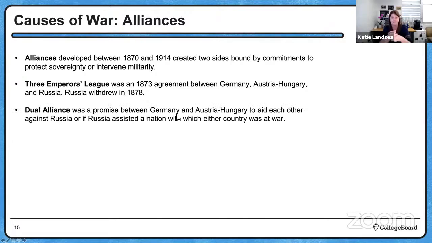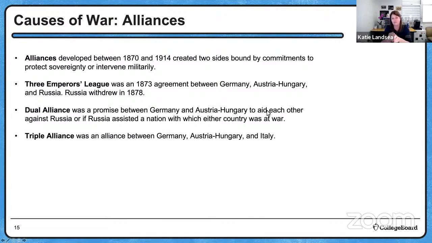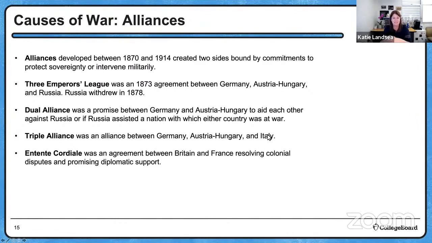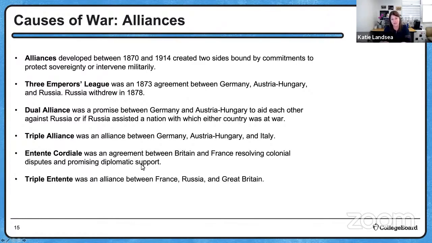The Dual Alliance is a promise between Germany and Austria-Hungary to aid each other if Russia goes to war, or if Russia assists a nation which either country was already at war with. We have the Triple Alliance, which is between Germany, Austria-Hungary, and Italy, of course, super important. We have the Entente Cordiale, an agreement between Britain and France that resolves colonial disputes and promises diplomatic support.